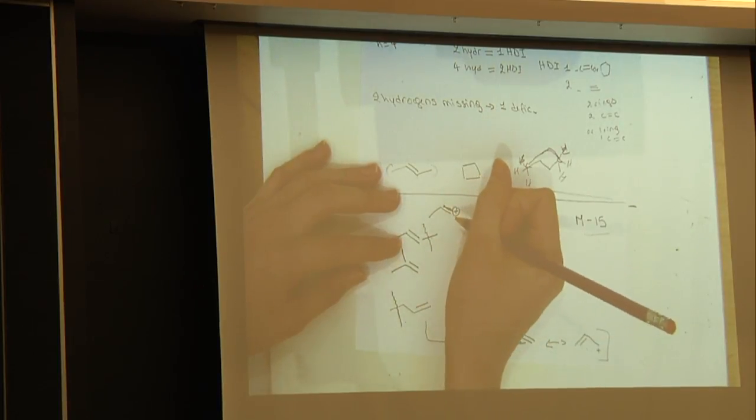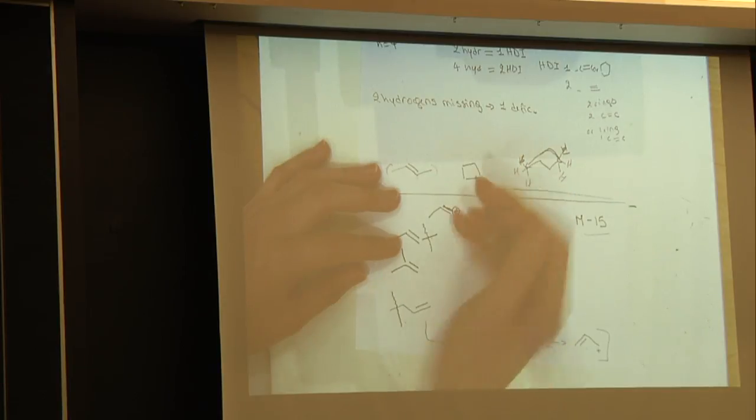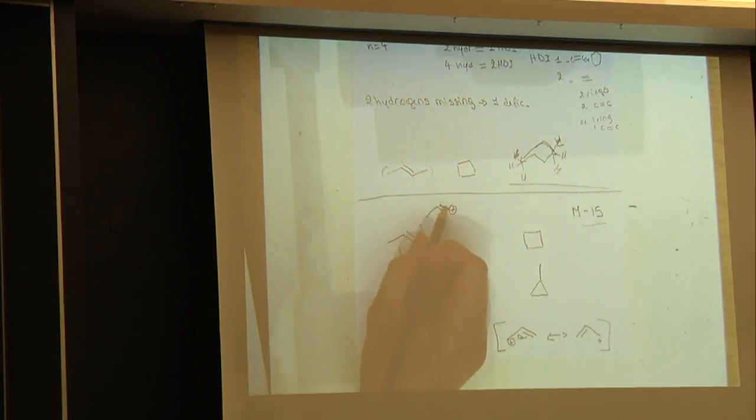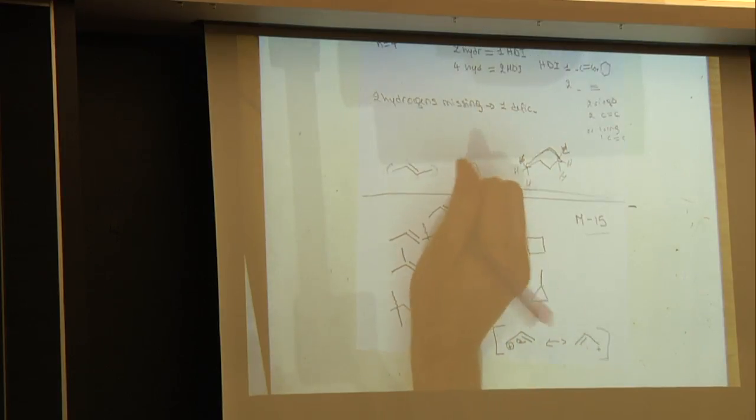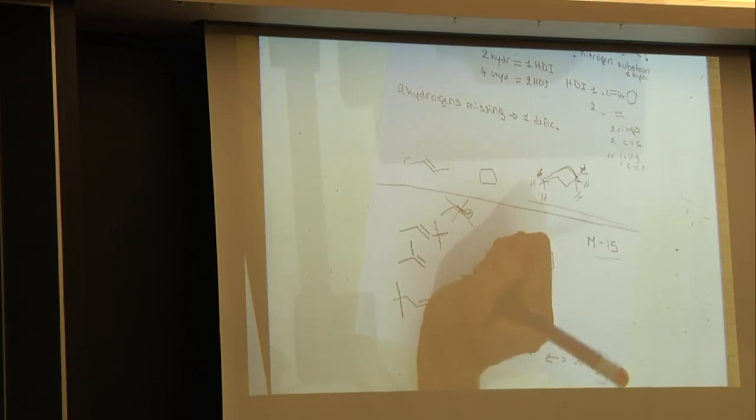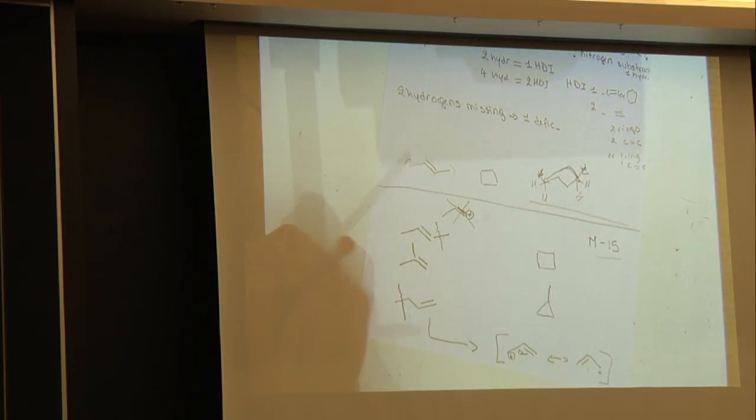And this is very high in energy, because your pi bond is a region of high electron density. So if you create positive character on that one, it's going to be highly unstable. So no. Any other question? All right, let's go then.